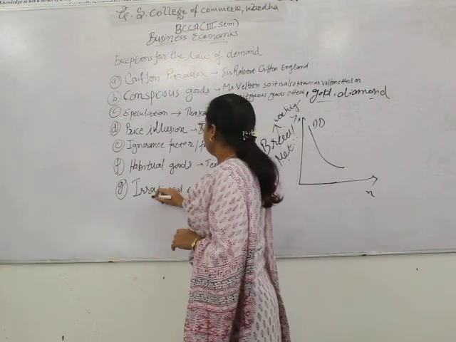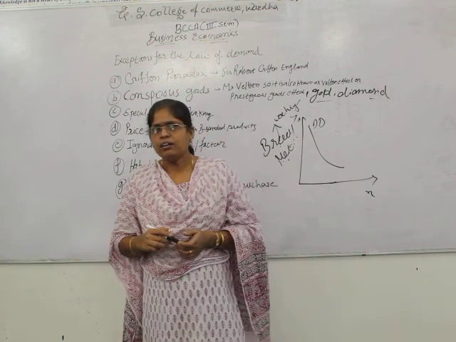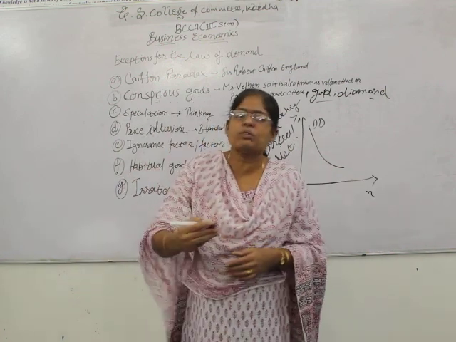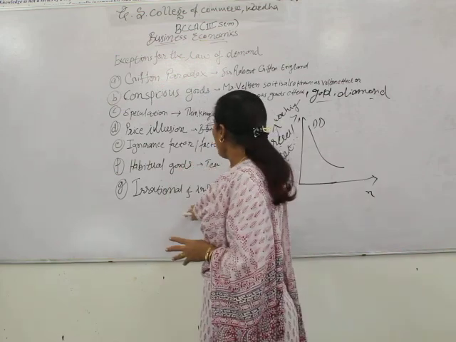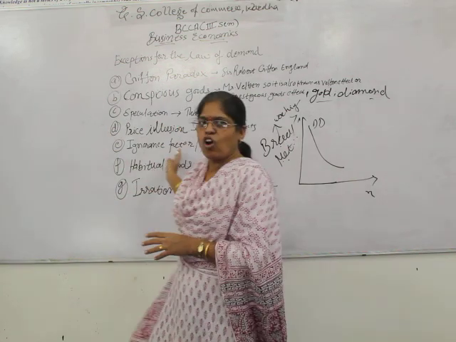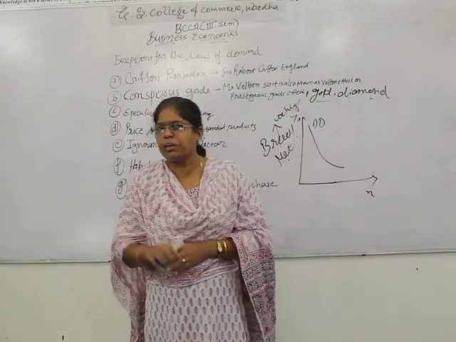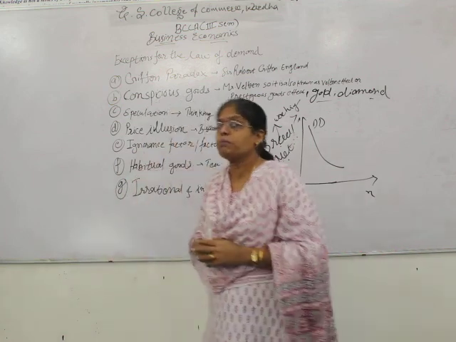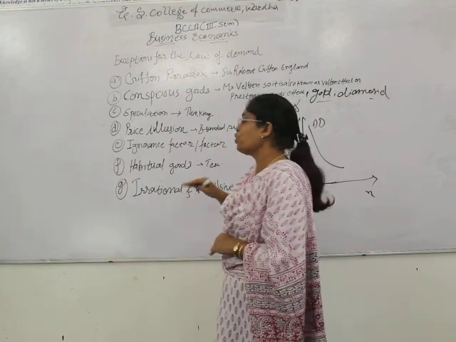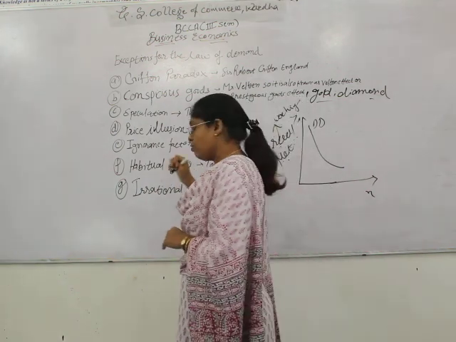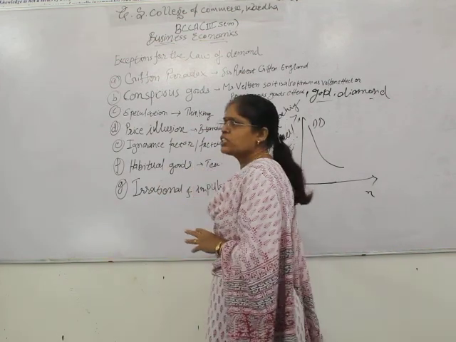The next is irrational or impulsive purchase. When a consumer goes into the market to buy something, as we have seen, he has wrong perceptions. He thinks that the prices of certain products might fall, so he will go later and purchase. But his mindset, whatever came into his mind while buying that product, is again an irrational and impulsive purchase.